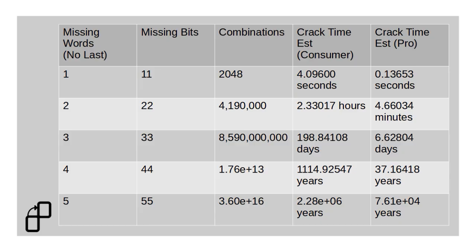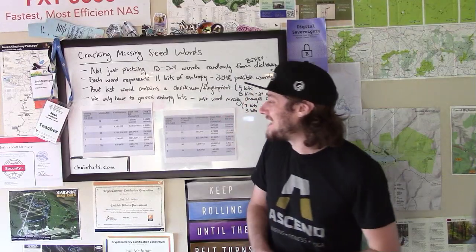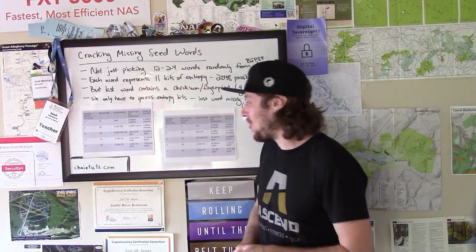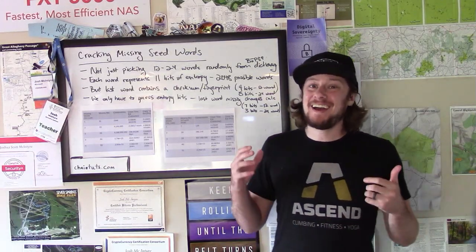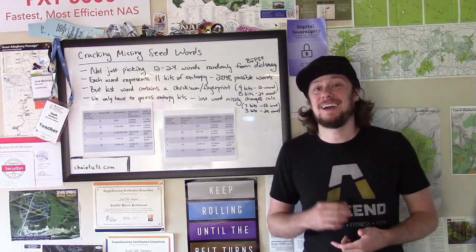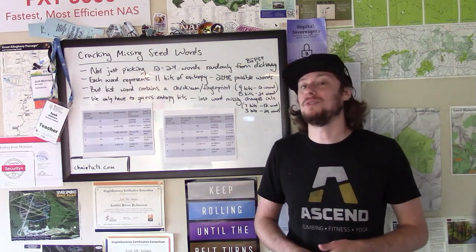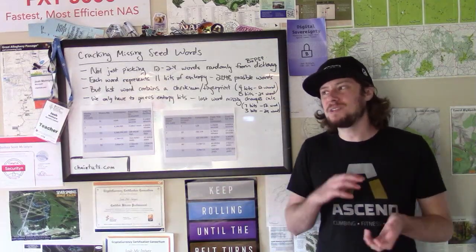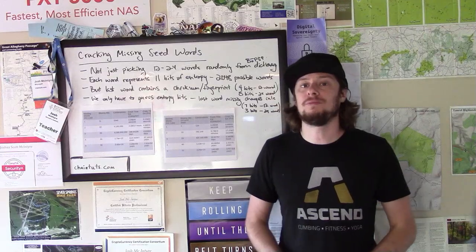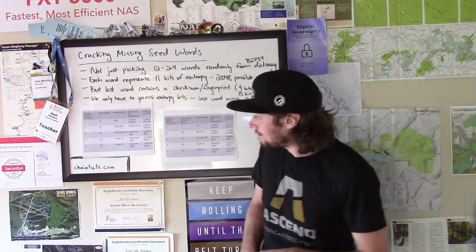But with how slow crack times are for doing something like a seed, there's so many combinations that it could take thousands of years, or if you have a professional setup, decades. You're very unlikely, unless you have vast resources and a highly optimized way to do this, to be able to crack 4 missing seed words. I would say it's potentially still within the realm of possibility, but very impractical.